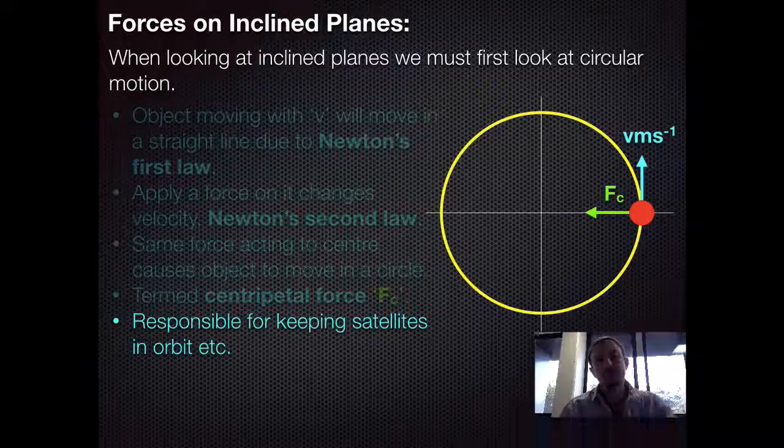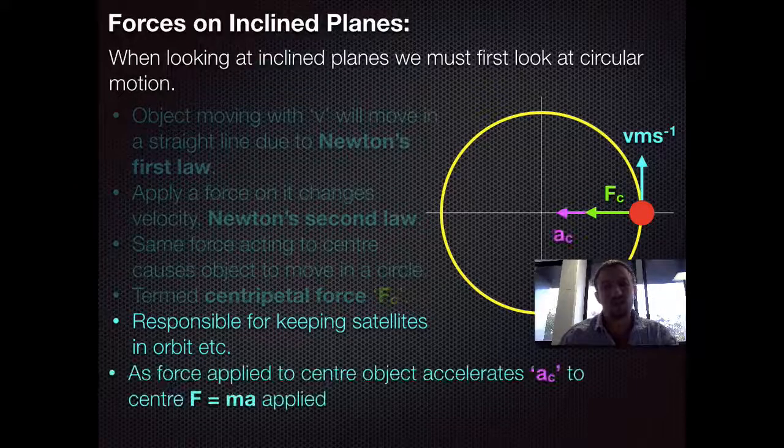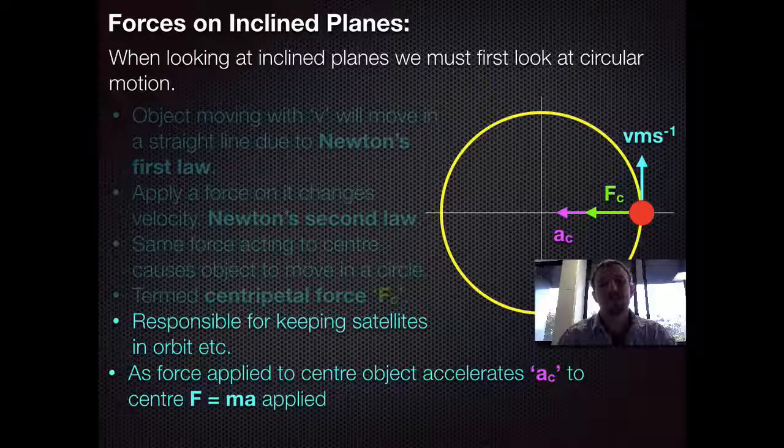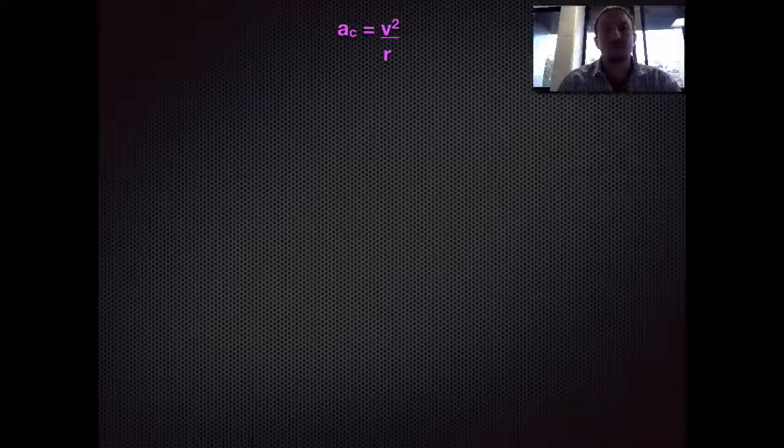Now because a force is applied on that object, it's also going to be accelerating. So there will also be centripetal acceleration, and this acts in the same direction and uses Newton's second law, F equals ma. Centripetal acceleration is given by the formula v squared over r.